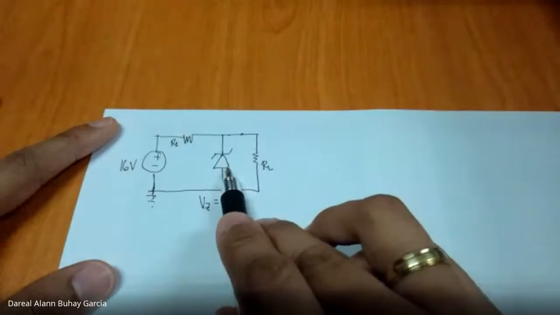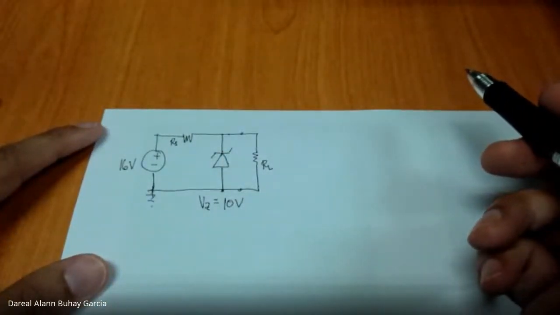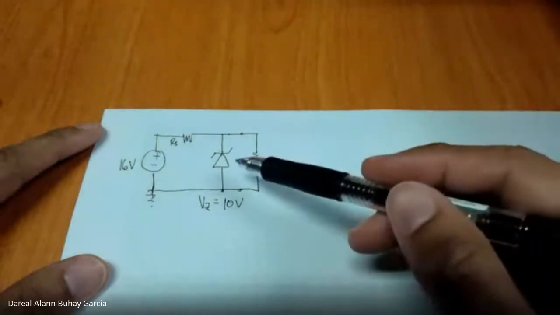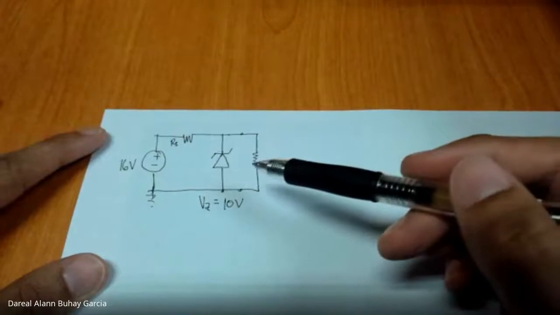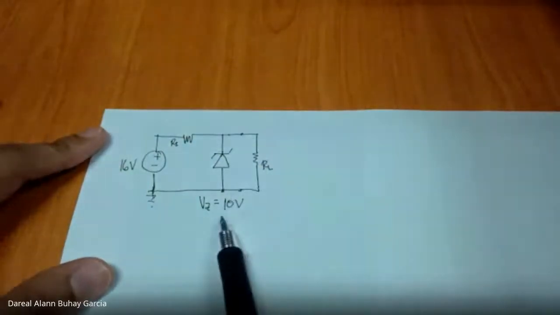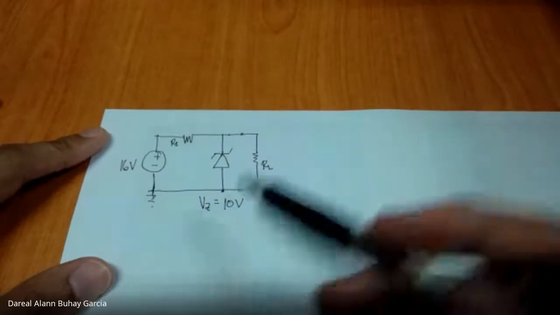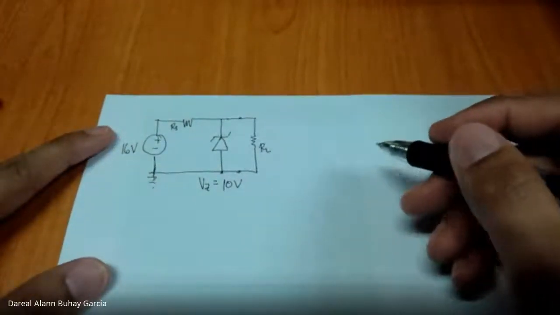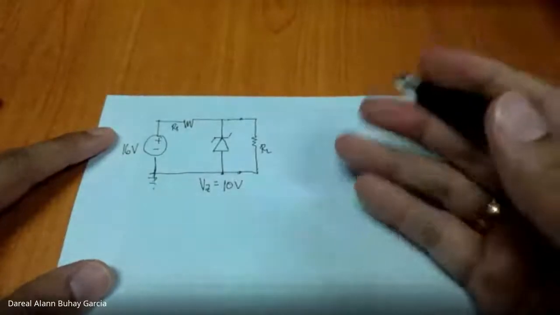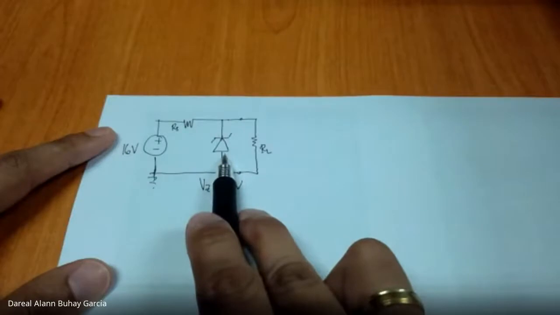Another specification that is important for our Zener diode, even though it is allowed to operate in reverse bias mode, is the maximum power, which should not be exceeded, because in that way our Zener diode will be destroyed.